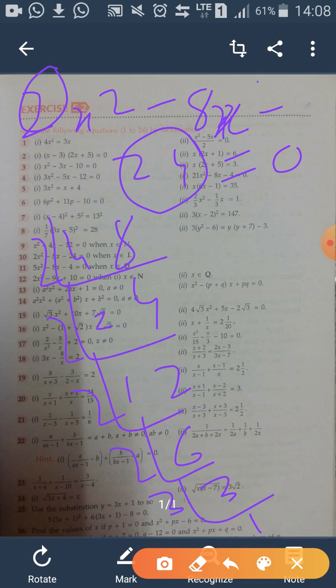So you need to bring 8x. How do you bring 8x? 2 2s are 4, 4 3s are 12, and 12 minus 4 is 8.